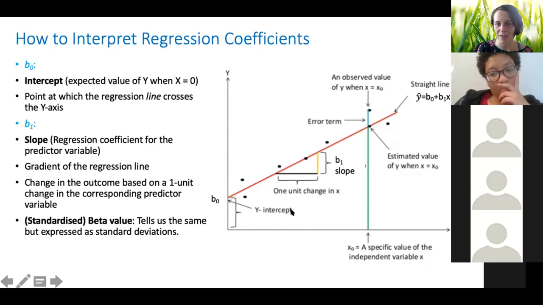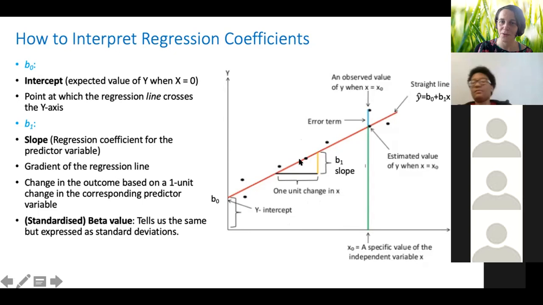So if we have our predictor X, and X could be something like age, right? And then we're predicting height from it. We will have multiple participants that have the same age, and of course they will vary in terms of their heights, right?